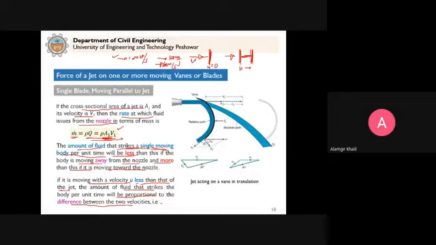The body is moving with 60 meters per second, this is moving with 100. So the difference of the two will be striking. Clear? So v1 minus u is the relative velocity. With this velocity, the fluid will be able to strike the plate.